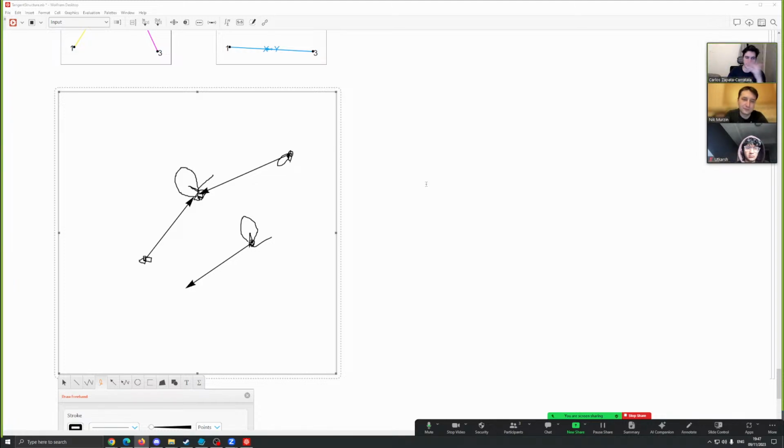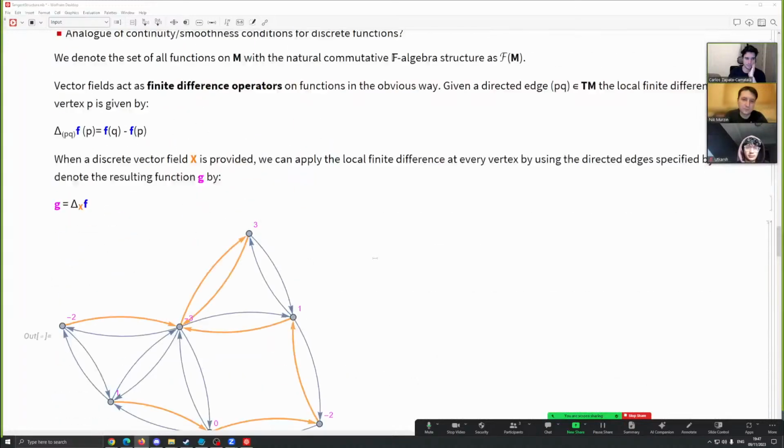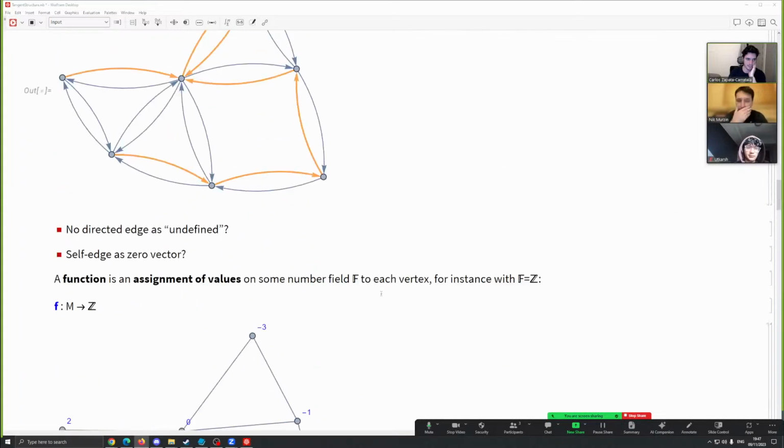Anyway, this was just a comment, but I think it's important to keep in mind. So a self edge is a zero vector. Sounds interesting. No directed edge as undefined could also be natural because there's no information there, so it's out of the domain of the vector field. So like a partially defined vector field, that's fine.